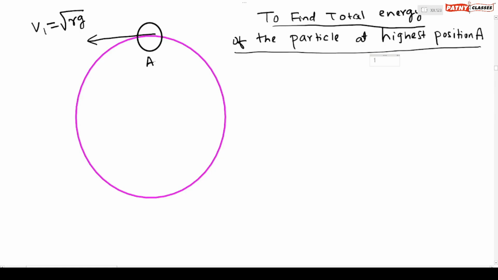Now we'll find the expression for total energy of the particle at the highest position. A is the highest position, the topmost position, and at point A we want to find the total energy. So total energy of the object at position A is the addition of kinetic energy plus potential energy at point A. Kinetic energy is given by half mv1 square, and potential energy equals 2mgr. We already know that the value of v1 is under root of rg.